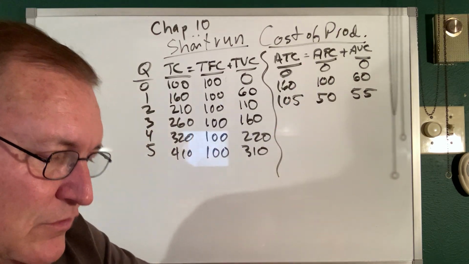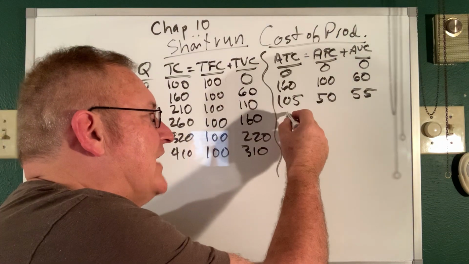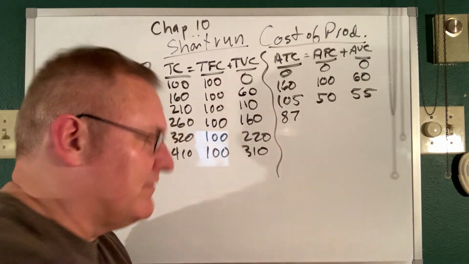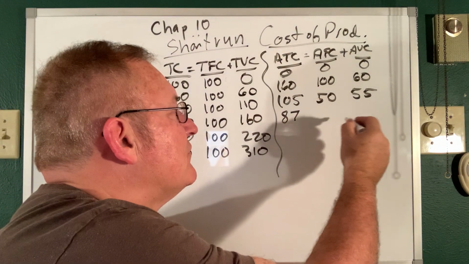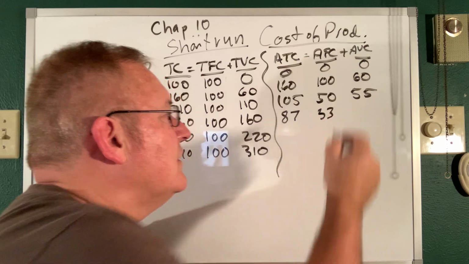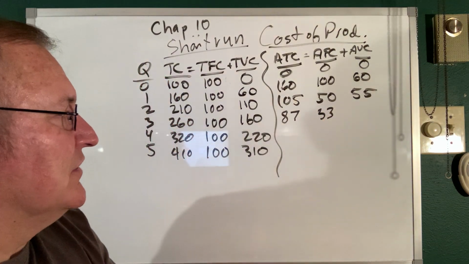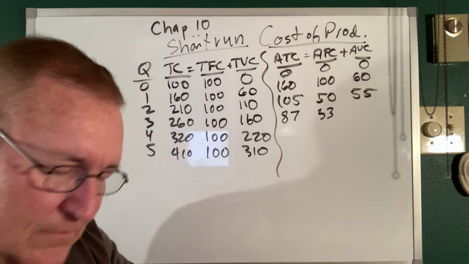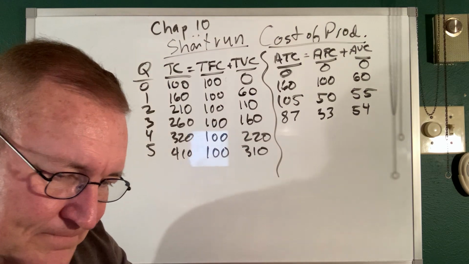So if I gave you, again, 2 of these, I'm going to round up here. This is actually 86 point something. But if I said that's 87, and your average fixed cost is 33, then what is your average variable cost going to be, right? 54? See how that works?